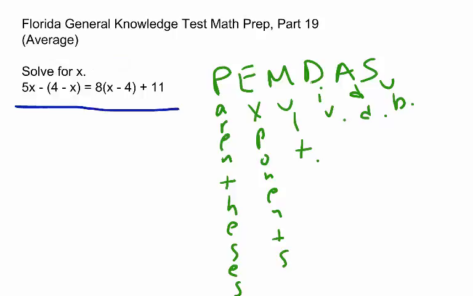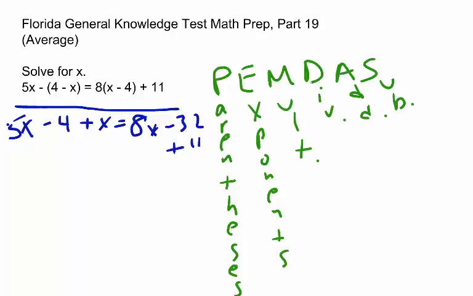Once I do that, we have 5x minus 4 plus x equals 8x minus 32 plus 11.